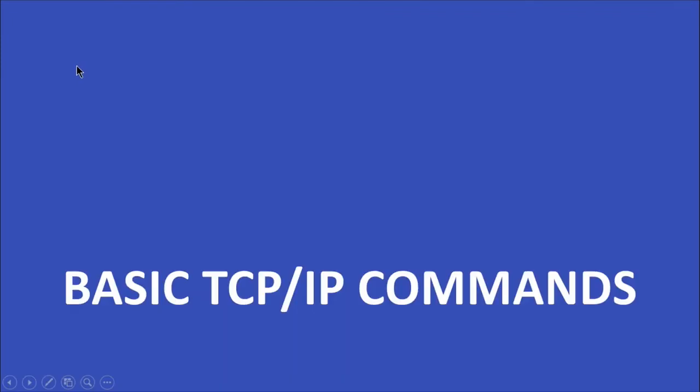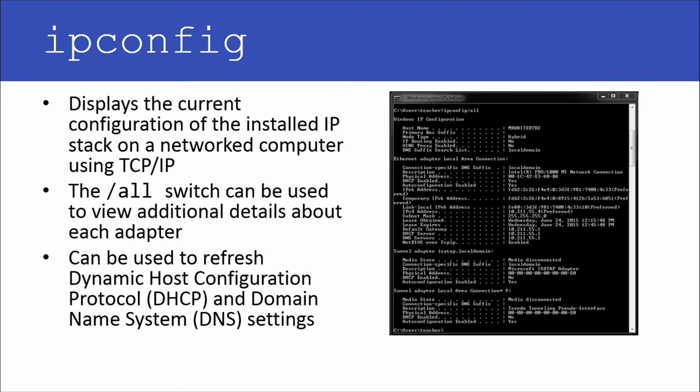So, all right, let's roll into TCP/IP commands. We'll start with the basic ones. ipconfig. ipconfig is super useful. It displays the current configuration of your installed IP stack, right? If you use it with the /all switch, it'll give you a lot of additional information. That's actually what you see here on the right-hand side of the screen.